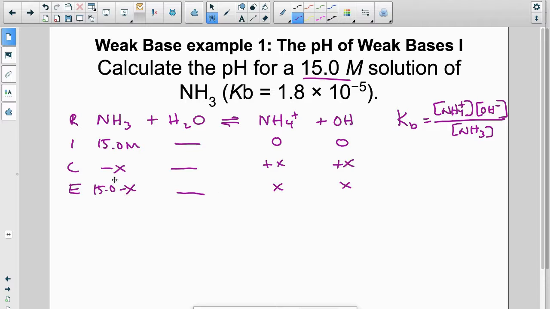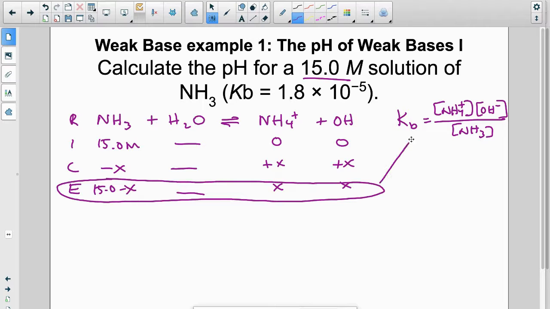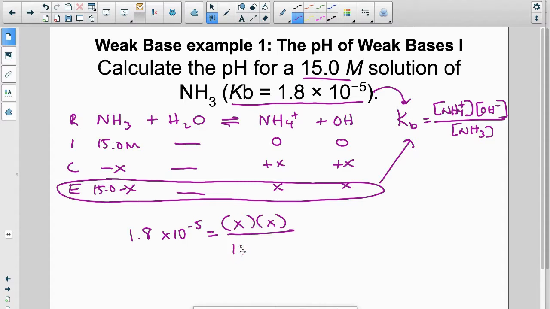So then we can plug these equilibrium amounts into our Kb expression, and we know that Kb is equal to 1.8 times 10 to the minus fifth. So let's set up our equation here. 1.8 times 10 to the minus fifth is equal to x times x over 15.0 minus x.